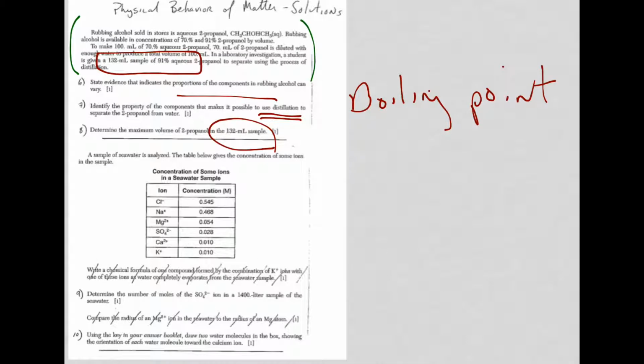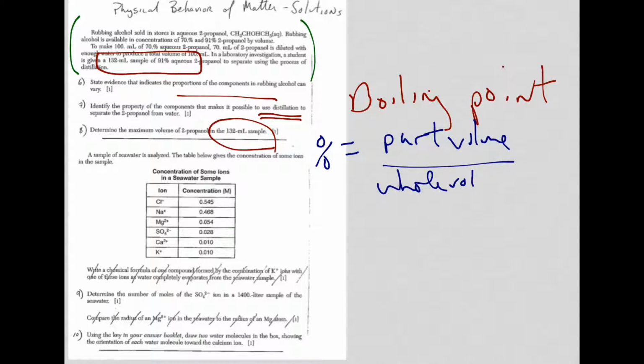Now in this case, you know the percentage. The percentage is 91%. Oh, I'm making a mistake here. Let's write it first. We have percent is equal to the part, in this case the volume, over the whole thing, times 100.